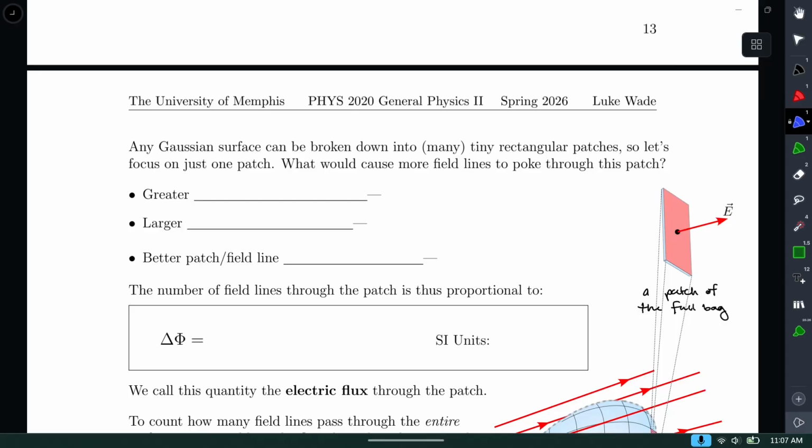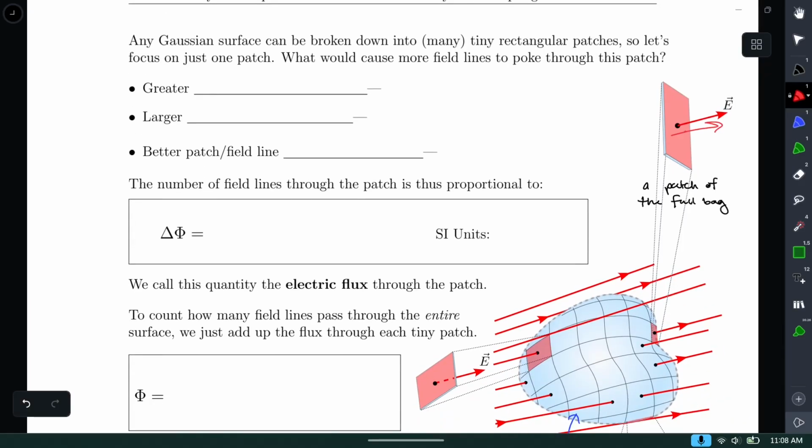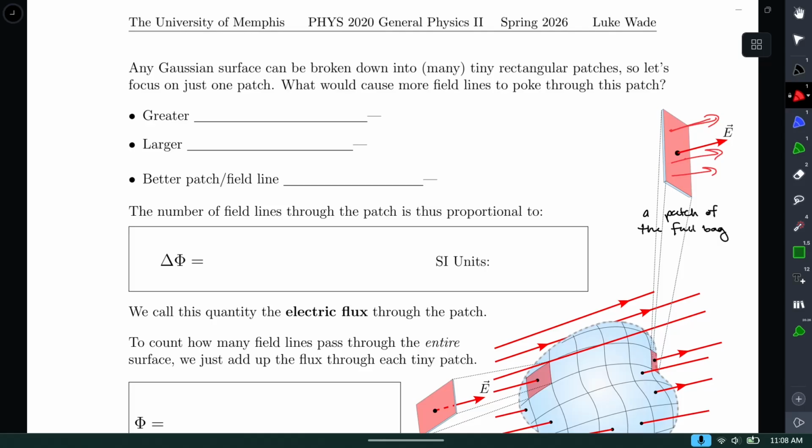And my question is, what's that going to depend on? What would change how many lines actually poke through that patch? Whether it's positive or negative. Positive or negative will change whether it pokes in or out. I do agree with that. But how many is what I'm concerned with right now. I'm asking what's going to make it so more lines poke through? What's going to make the picture go from what it is right now to a picture where I'm seeing lots of lines passing through? The surface area?